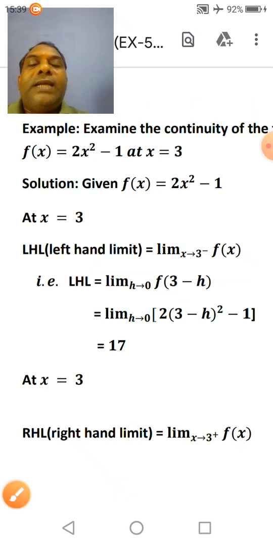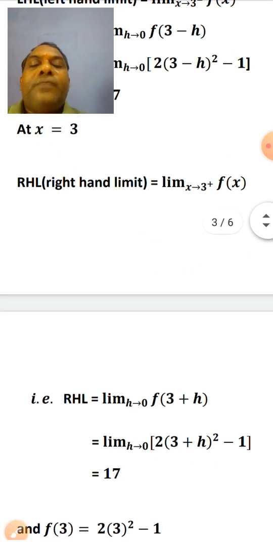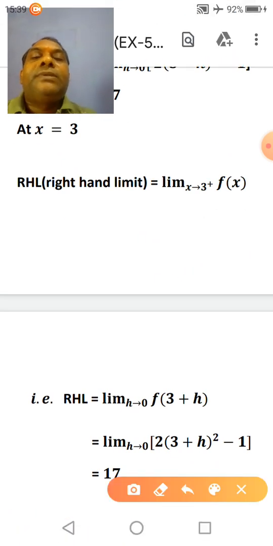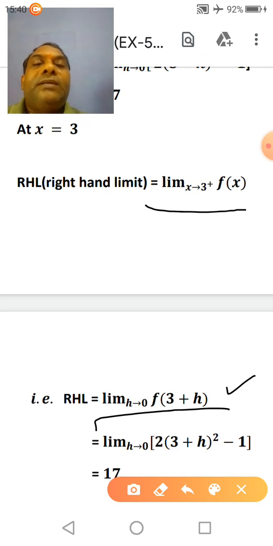Now find RHL. RHL will be equal to limit x tends to 3 positive f(x), which is equal to limit h tends to 0 f(3 plus h). You have to put x is equal to 3 plus h in f(x). Now apply the limit, then RHL will also be equal to 17.